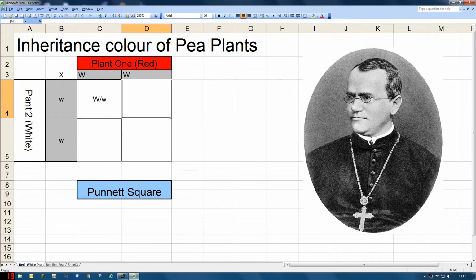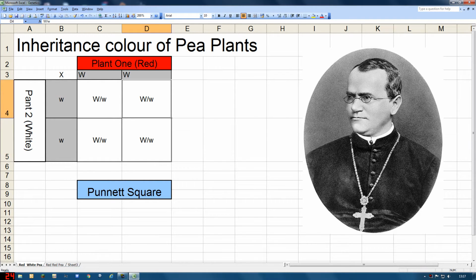And over here again we've got an uppercase W and a lowercase w. This pattern is going to be repeated because both of the parents are homozygous, so we end up with the same in each of the four squares.